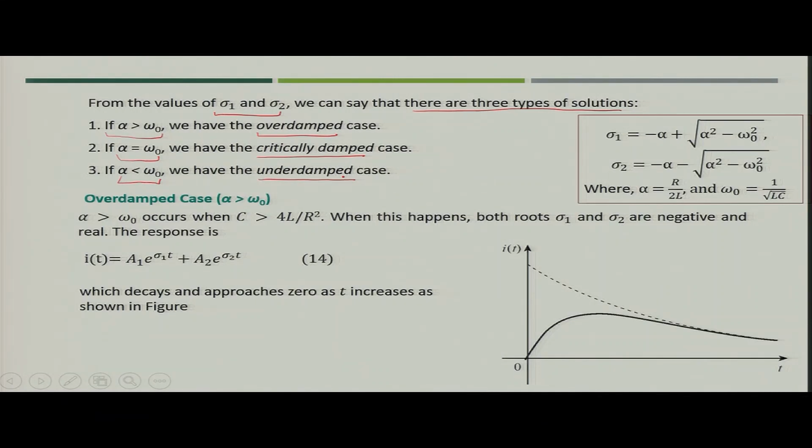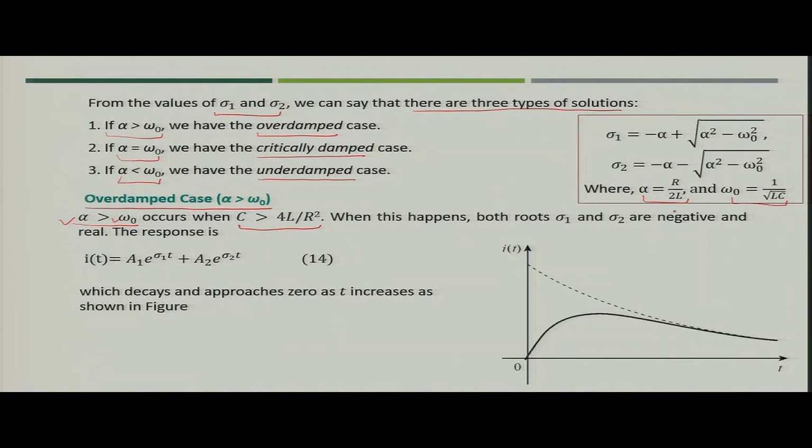Now, let us take the first case, when the system is overdamped, meaning alpha is greater than omega naught. Alpha greater than omega naught means the value of C is greater than 4L by R square. How did we get this? We just put in the values of alpha and omega naught, which we already have in our hand.